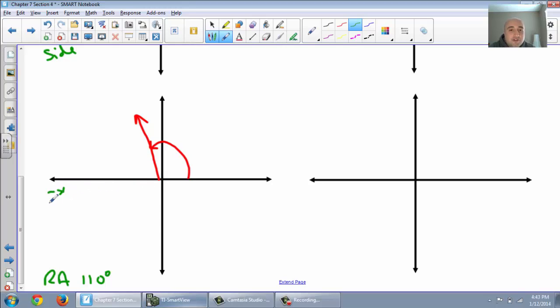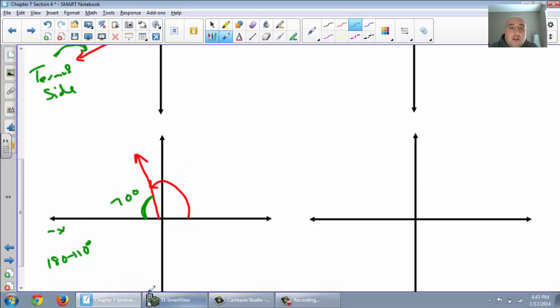Well, if you're on the left, your nearest x-axis is this negative x-axis. So how far is this angle from 180? Okay, so how would I get that? 180 take away 110 is how much? Hopefully you see that that is a 70 degree angle. So my reference angle for this one is 70 degrees.